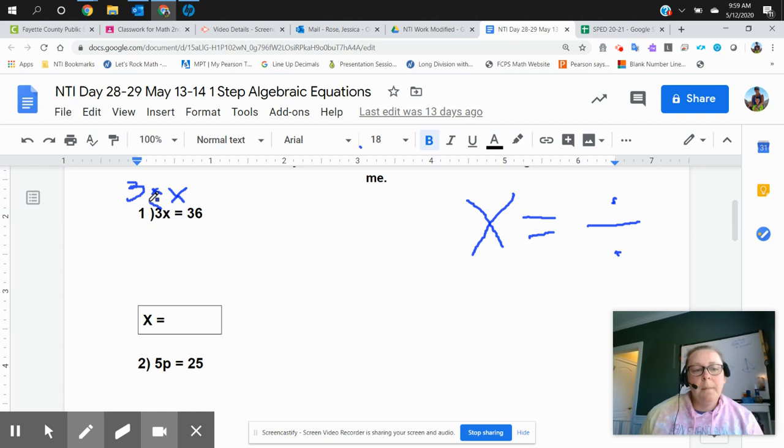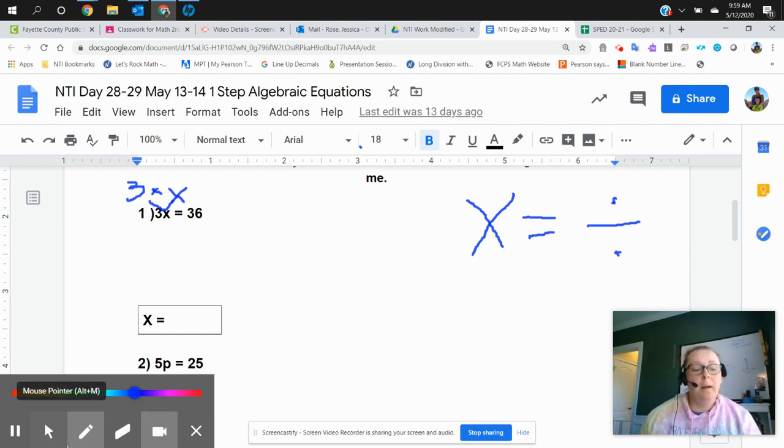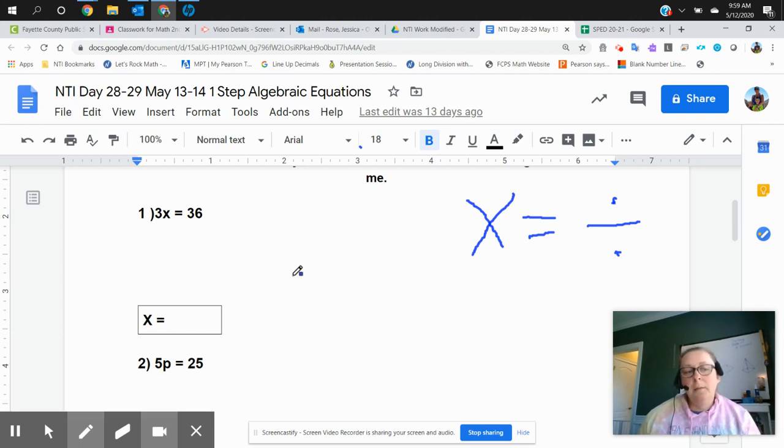The reason they don't use the x for multiply anymore is because x is often used for a variable in algebra. Okay, so I'm going to go ahead and erase that, but I just wanted to remind you all, we said it a lot of times in class: side by side, you multiply.